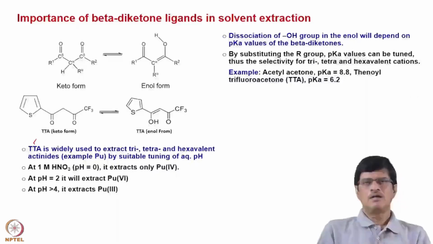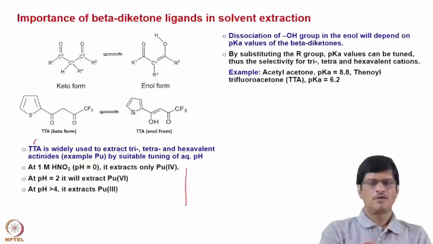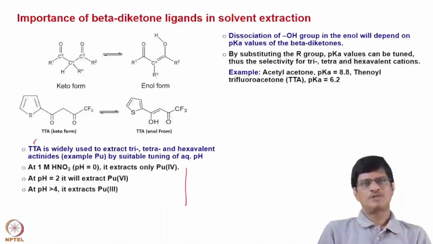At a given condition, the aqueous phase containing the metal ion, for example, let us take the plutonium ions, then this enol form of TTA forms a complex with the plutonium ions, and that is how the plutonium ions can be extracted into the TTA medium. So, by adjusting the conditions of the aqueous phase, this plutonium extraction can be achieved.